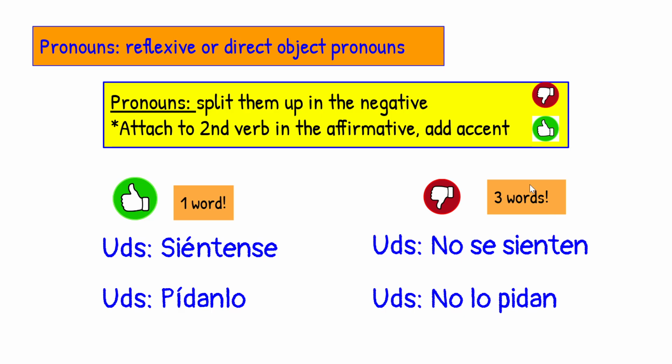That turns out to be 3 words. No lo pidan. This is a reflexive pronoun, se. This is a direct object pronoun, lo. If it is an affirmative thing, I'm telling you to do it, I can attach the reflexive pronoun or the direct object pronoun, but I'll need to add an accent onto the stem of the verb. Siéntense, pídanlo. Okay. 1 word on affirmative, 3 words on negative.